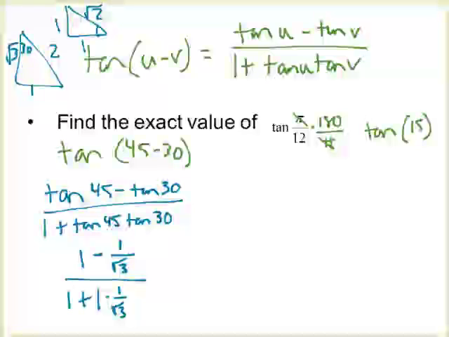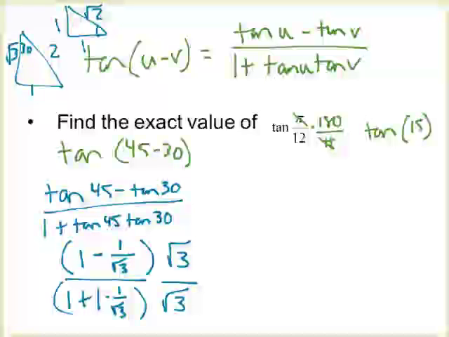Now the reason why this is messier is because this would not be considered a good final answer because it has fractions inside of fractions. The way we fix fractions inside of fractions is I'm going to multiply the whole top by the square root of 3. But I'm not allowed to just change the top of a fraction. So I also need to do that same thing on the bottom, because then I'm really just multiplying by what? 1.